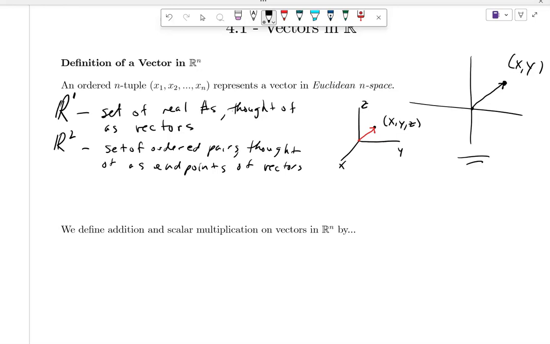And then so on down the line. So we'll use this notation Rn, and a lot of times we'll just say this is n-dimensional Euclidean space. Or for a shorthand, we might just say Euclidean n space.